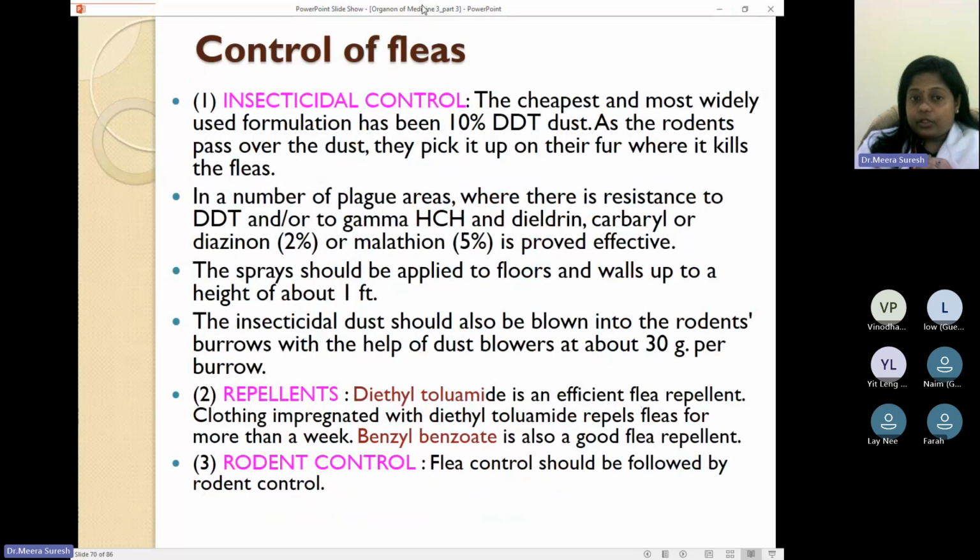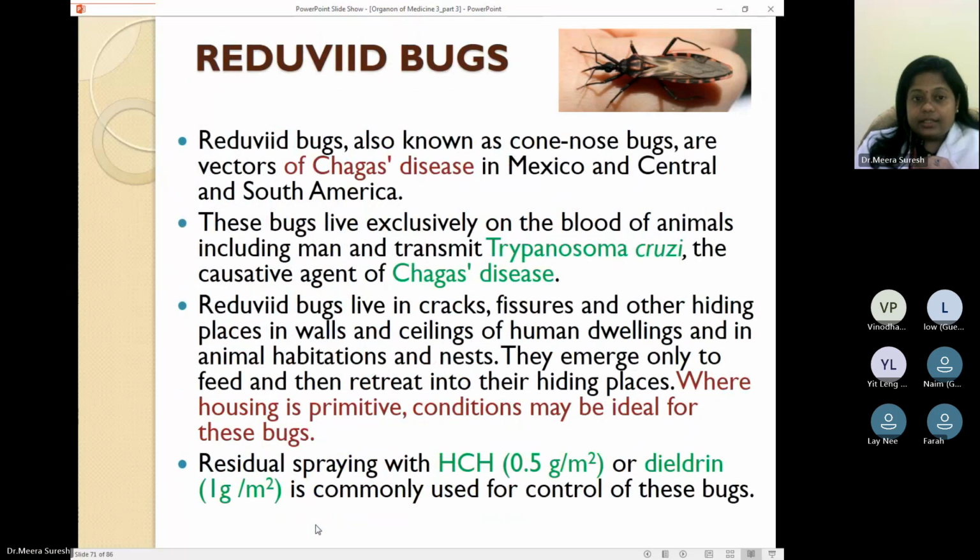Rodent control is another method of controlling the fleas, because the flea control should be followed by the rodent control. The next one in the category is redwood bugs, which cause the Chagas disease in Mexico and Central and South America.